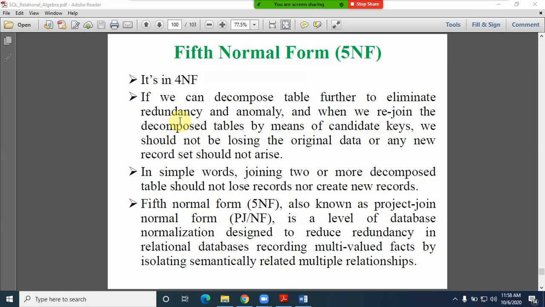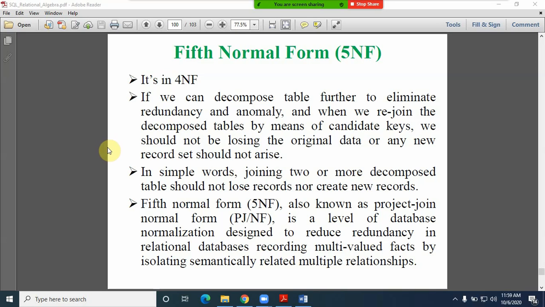This is a bit tricky, friends, easy only, but very interesting to observe. Out of all these normal forms, the very simple normal form is the fifth normal form. This is what you call project join dependency, friends. Projection we have already seen while talking about relational algebra operations like projection, selection, union.